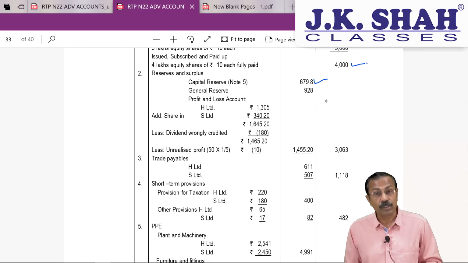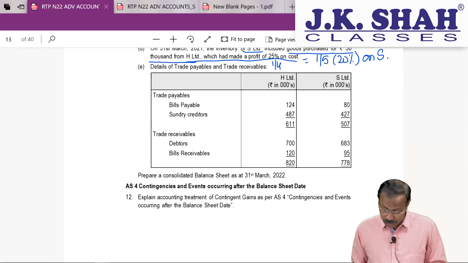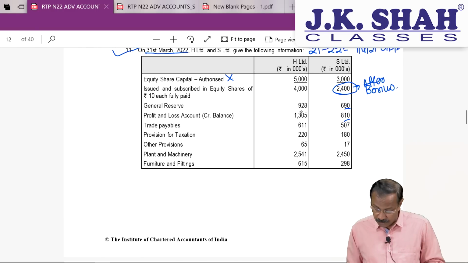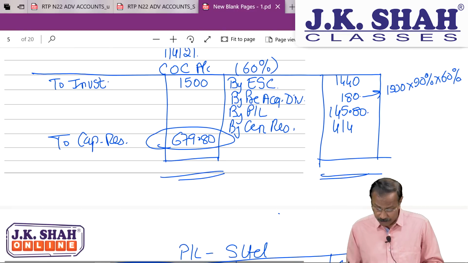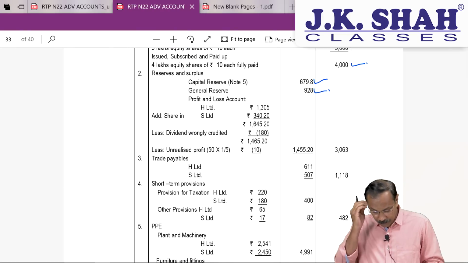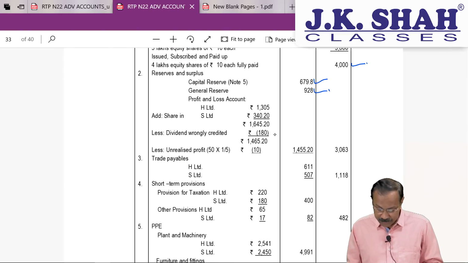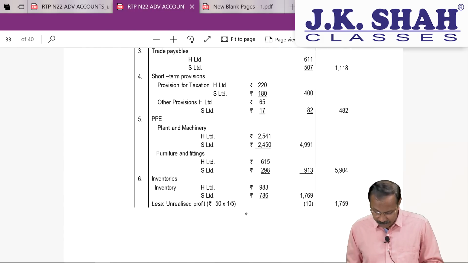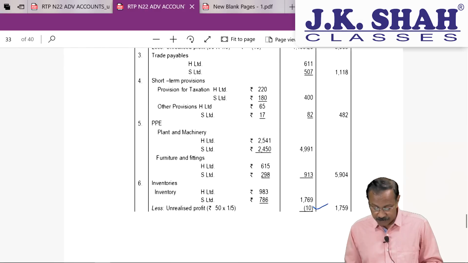Capital reserve, cost of control balancing figure. General reserve of holding company. General reserve, see 928, that is of holding company. P&L of H Limited, S Limited, less dividend and less unrealized profits, you get the balance. Unrealized profit will also be deducted from your inventory. See, unrealized profit has been deducted.